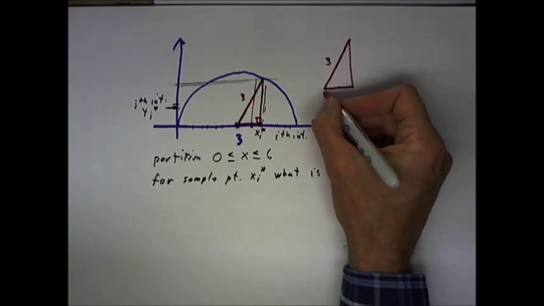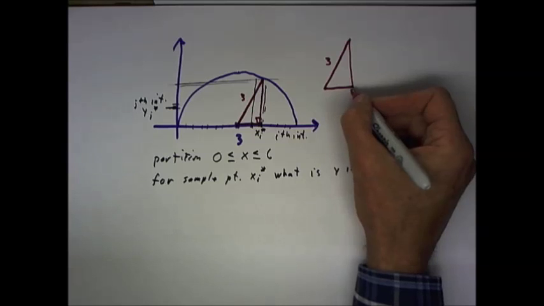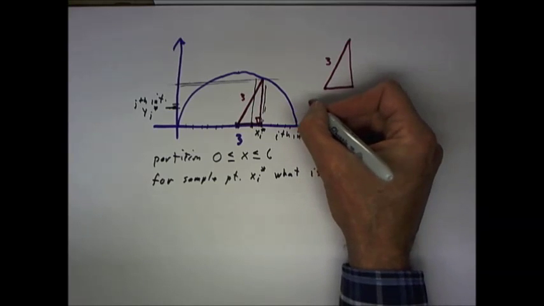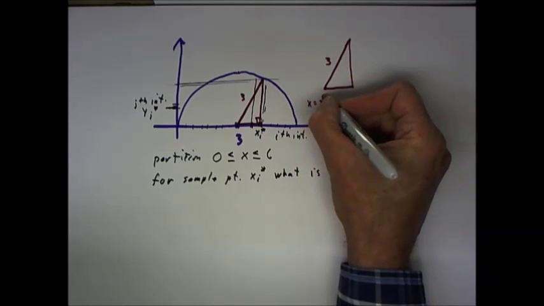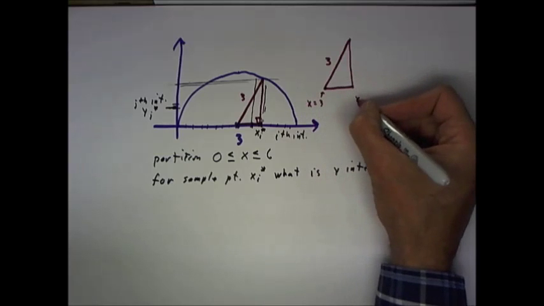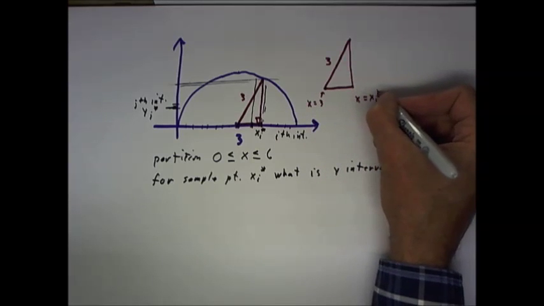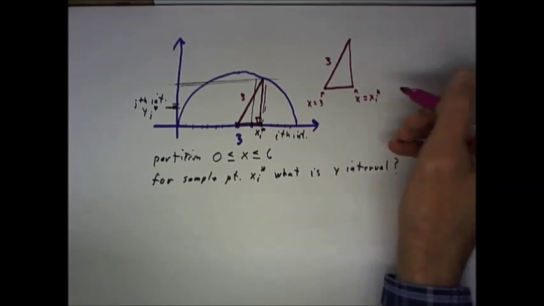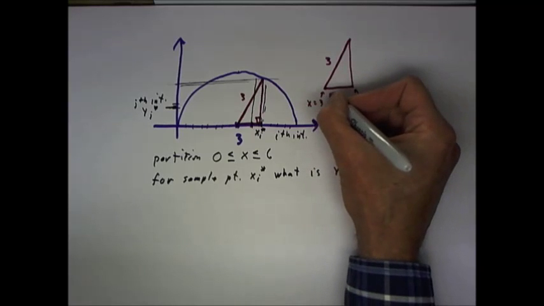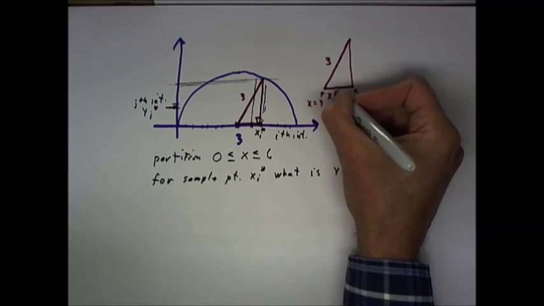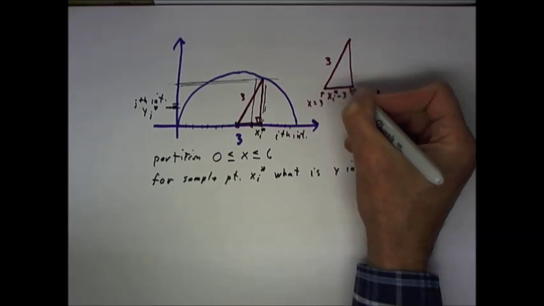This side runs from x equals 3 to x equals xi star. So x equals 3 here, x equals xi star here. So what's this side? Well, it's just xi star minus 3.